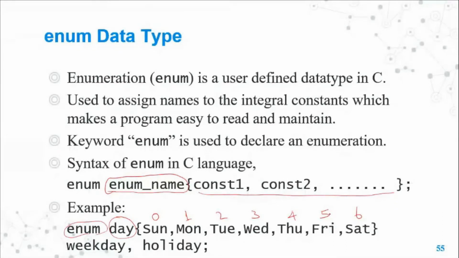So if enum day is defined like this, and if we print the value of MON, that is Monday, then the value that will be printed will be 1. So let's see an example program in which this enum type is used.